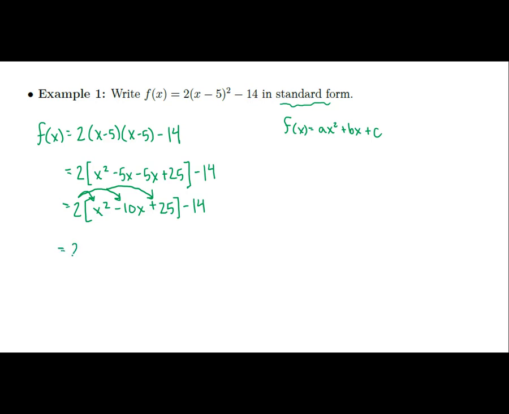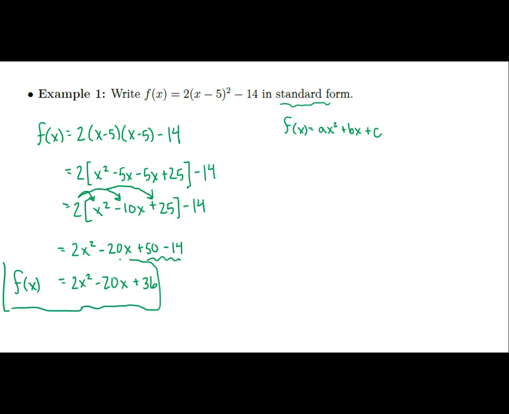So this will be 2x squared minus 20x plus 50. And then we've got that minus 14, and of course I put the 50 and the minus 14 together. So 2x squared minus 20x plus 36 is this function now written in standard form instead of the vertex form.